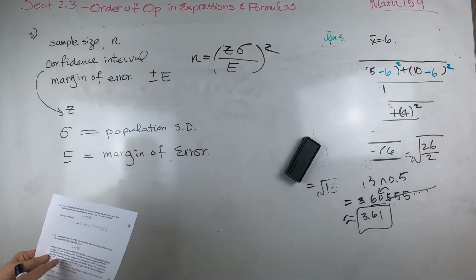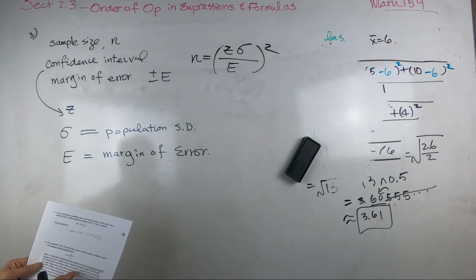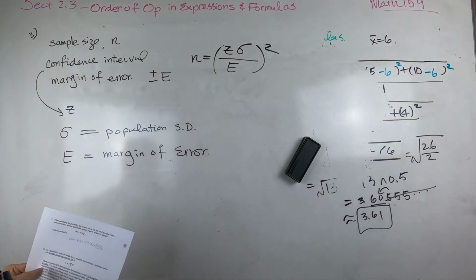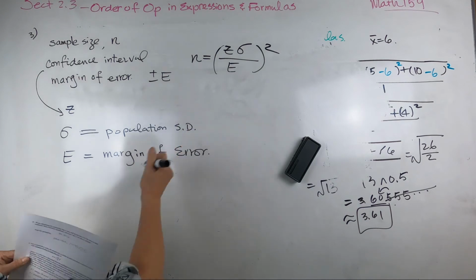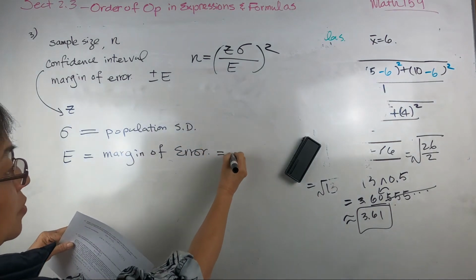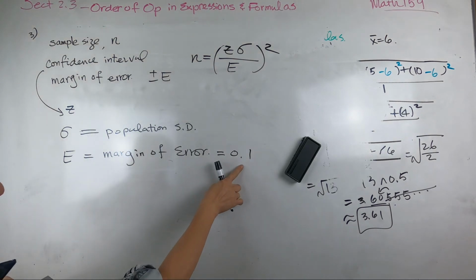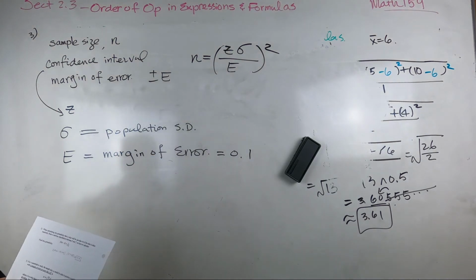So this one should be 0.1, right? Plus minus E, plus minus 0.1. So that's your margin of error.